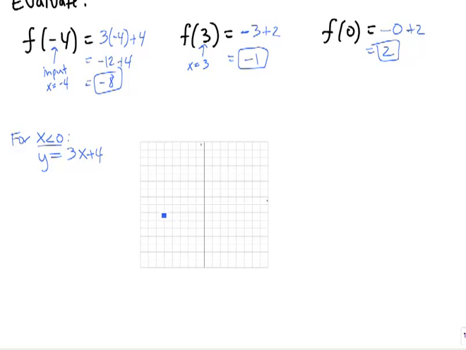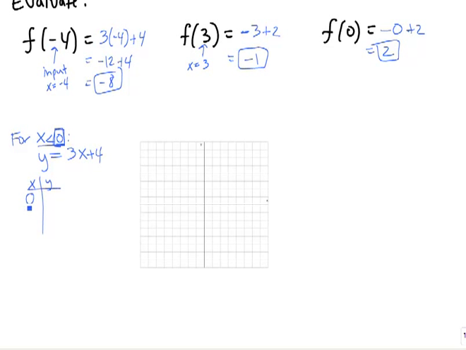To get the right graph, what I like to do is make a little table, and I use this number that's in this condition as one of my x's, since that's kind of an important point. In this case, since we want all the x's less than 0, this is going to be our stopping point. This is where our line is going to stop.